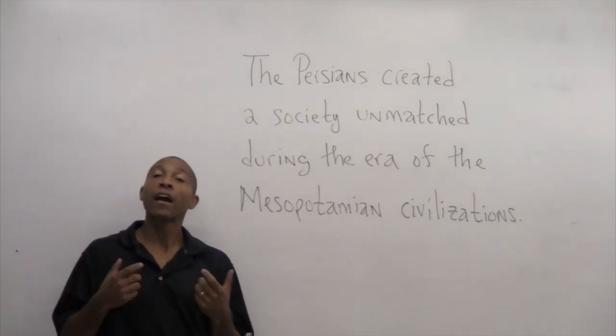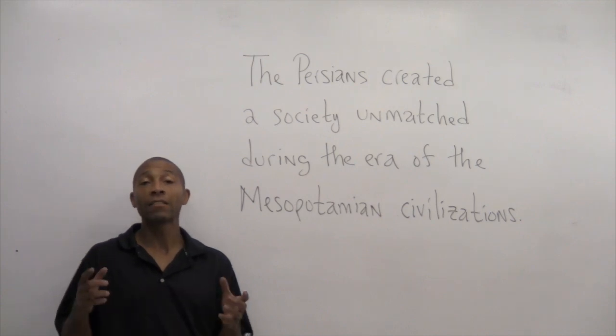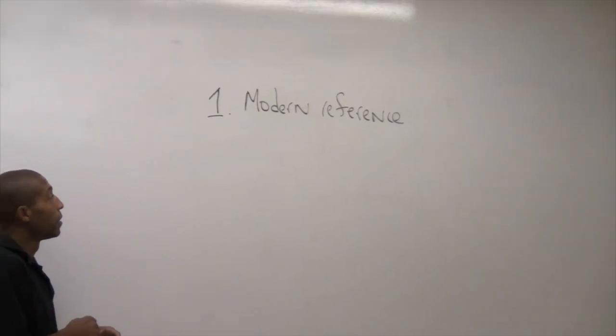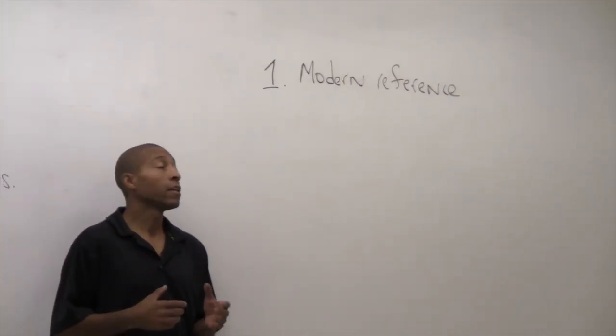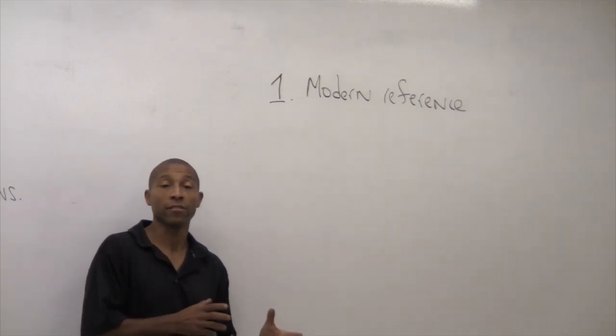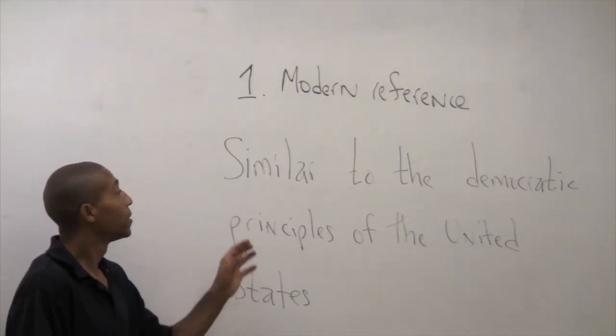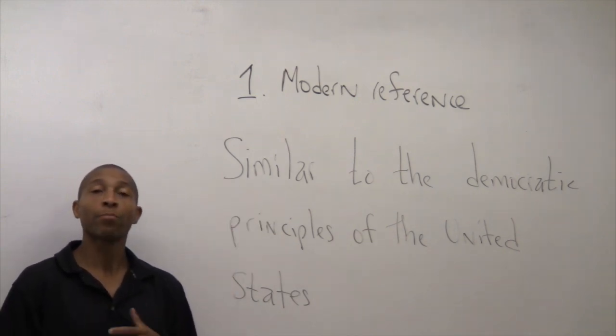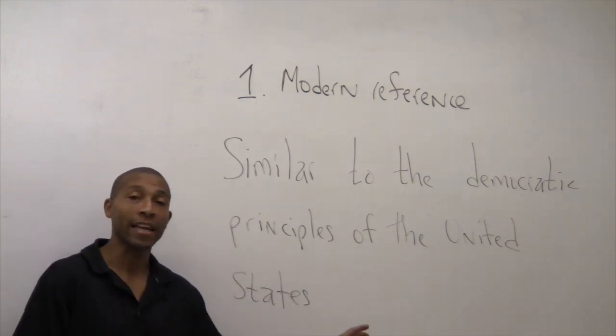There are a couple of different ways you can connect to a broader theme. The first method is to make a modern reference. So, for example, we could write "similar to the democratic principles of the United States."